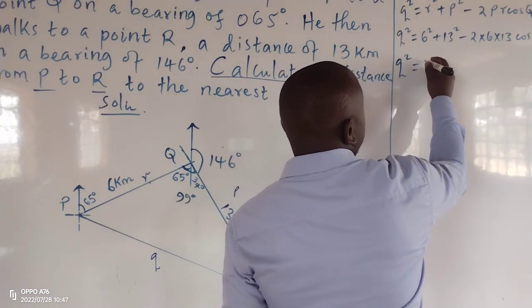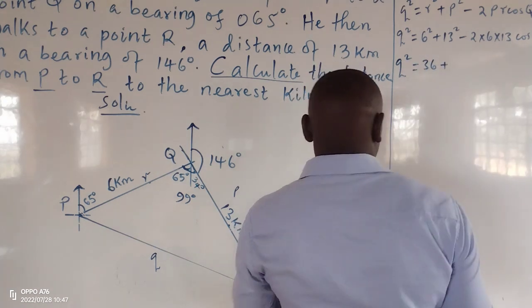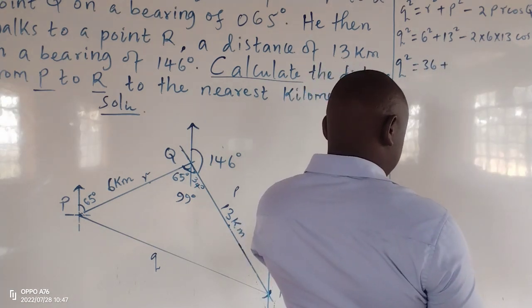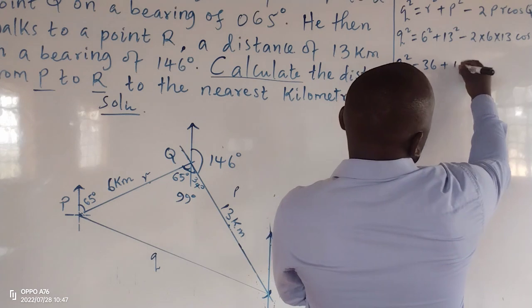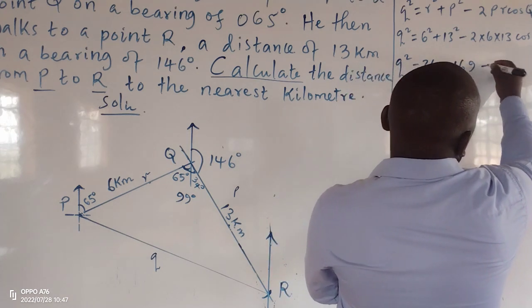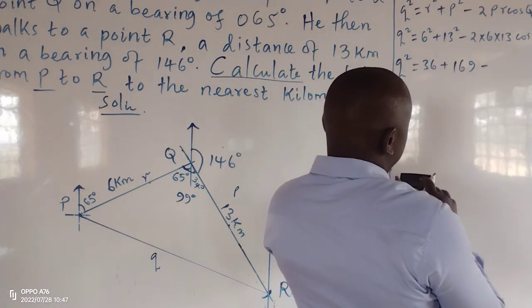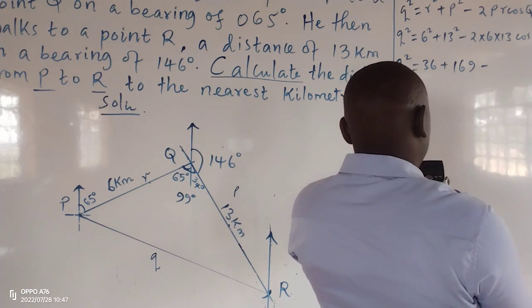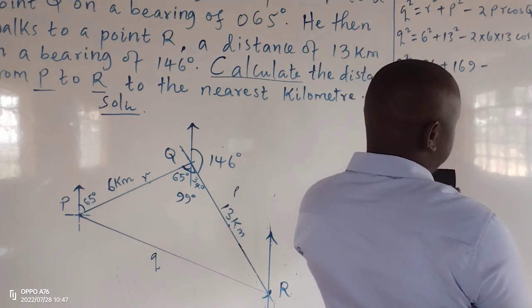So Q squared is going to be 36 plus 13 squared, which is 169, minus, first of all I can get the cosine of 99, which is negative.